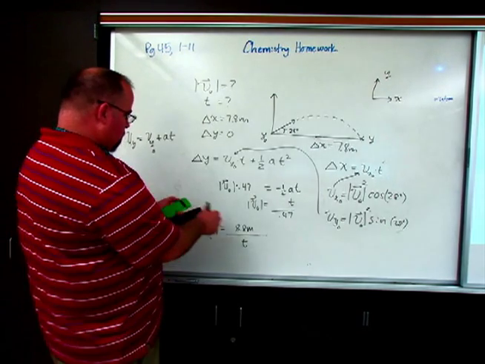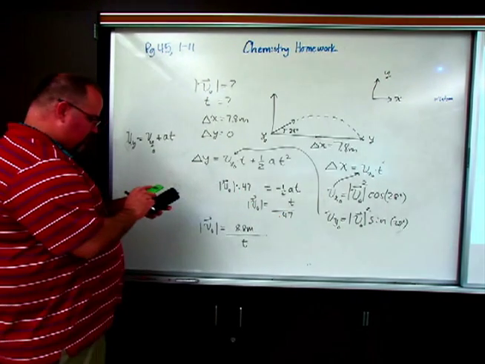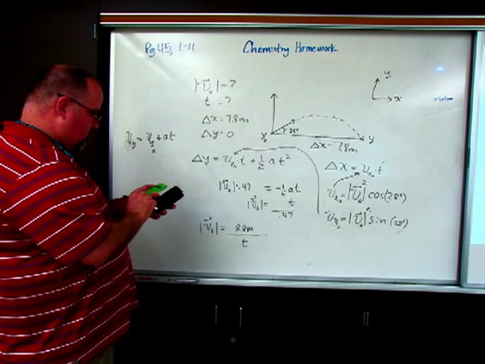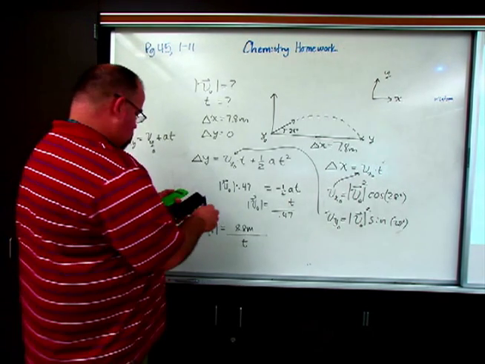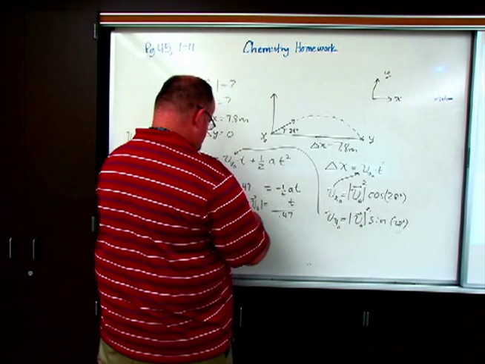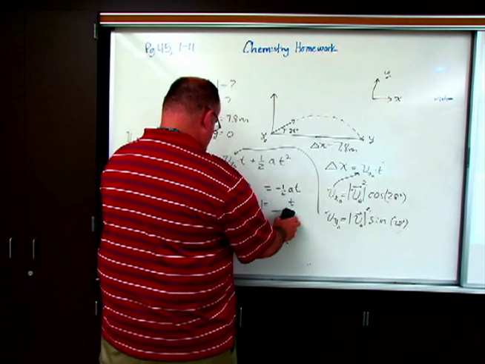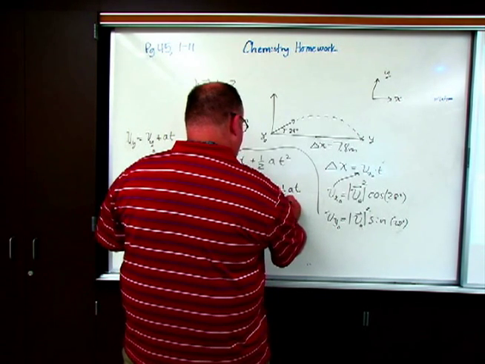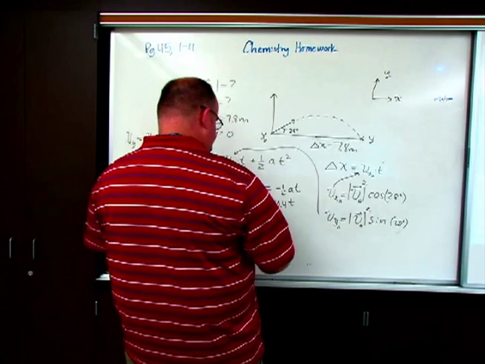Oh, 4.9, sorry. And then divide that by 0.47 equals 10.4 t.